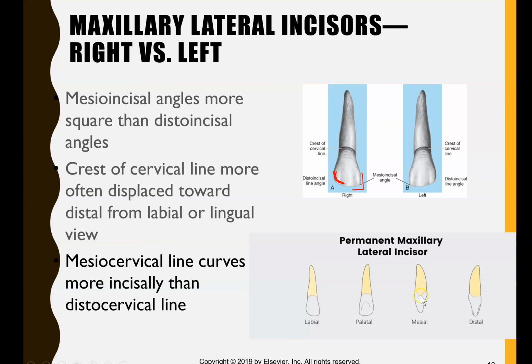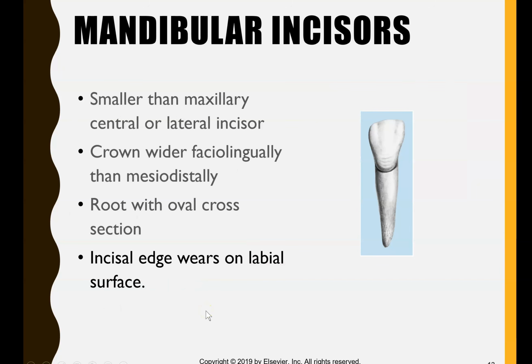Look at the curvature of the CEJ. You can see mesially is more curved compared to distal. In fact, mesial is 1 millimeter more curved compared to distal. So the lateral incisors are, actually, we're going to move on to mandibular incisors.